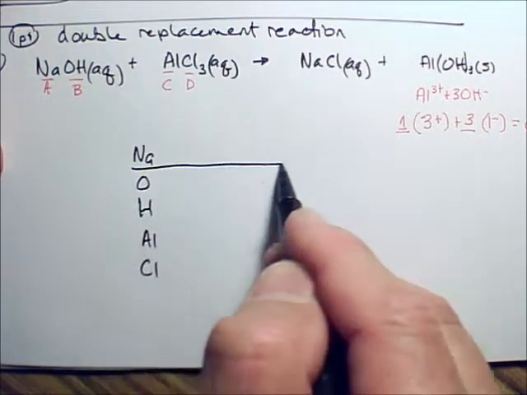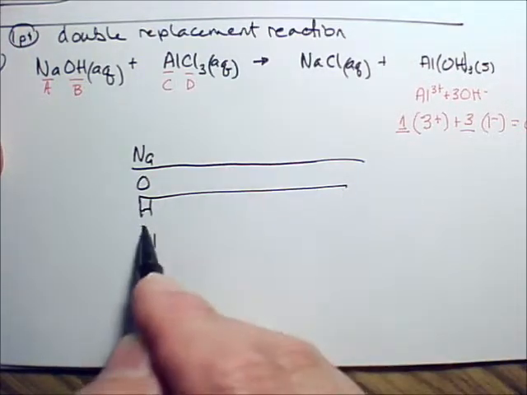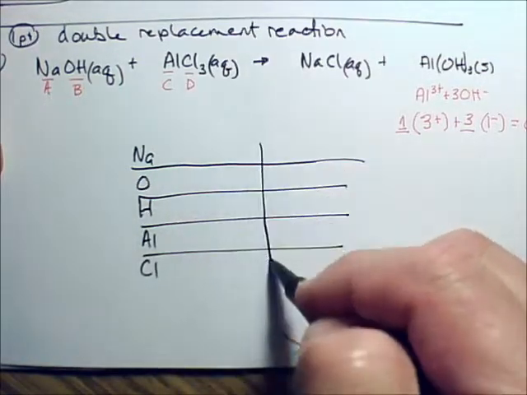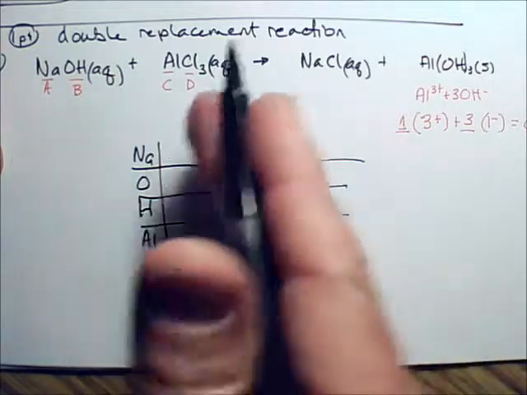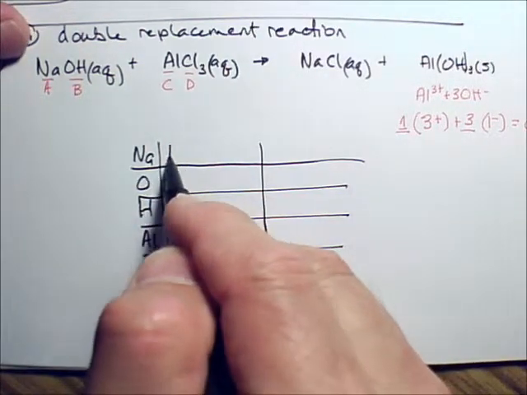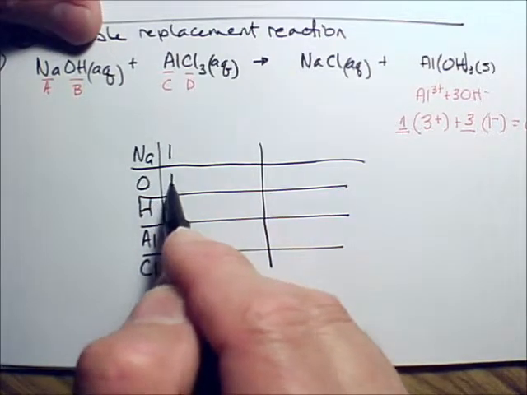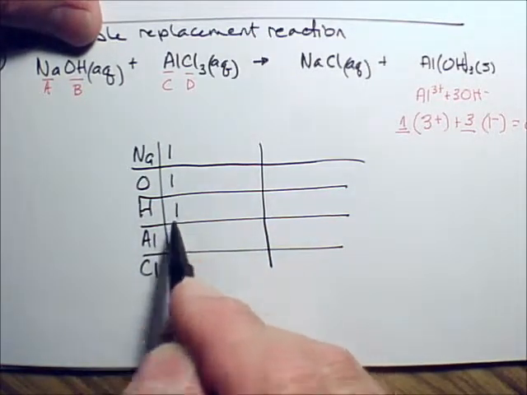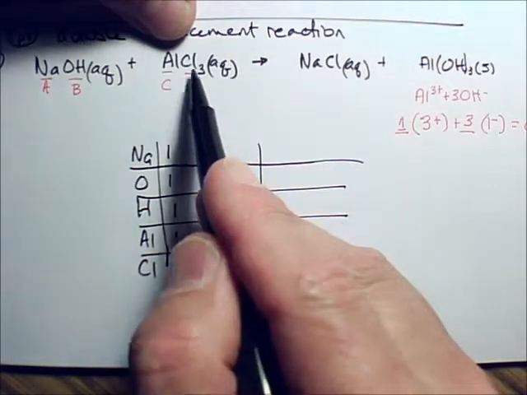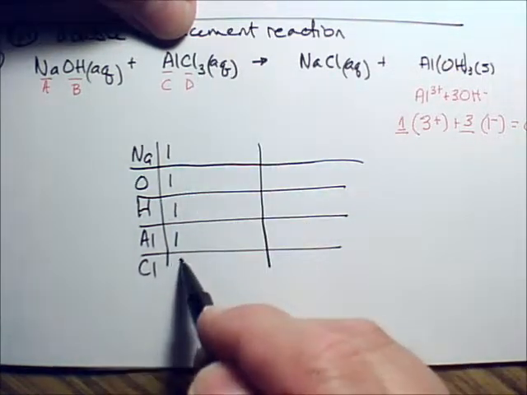And we make our little spreadsheet or grid chart. We want to try to put this line directly under the arrow just to keep up with what's on the left and right. And we count everything. We have 1 sodium, 1 oxygen, 1 hydrogen, 1 aluminum, and 3 chlorines.